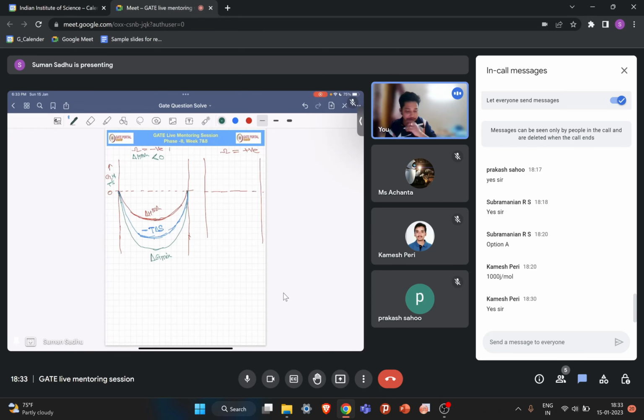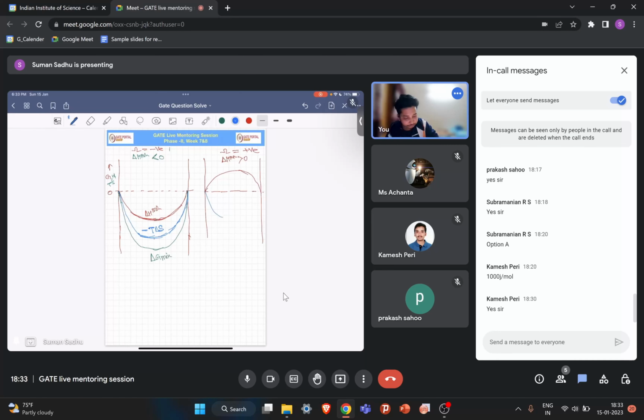Now, let us see what will happen if omega is positive. So if omega is positive, omega positive means your delta H mix is greater than 0, right? Because it is omega XA XB. So delta H mix greater than 0 means it will be like this. But your T delta S will always be negative, right?